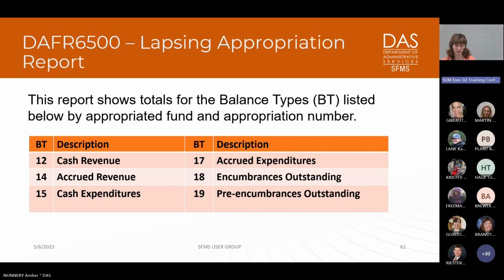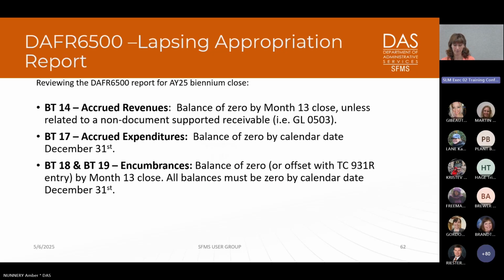DAFR 6500, a lapsing appropriation report. This DAFR will show you the balances for different types of BTs. Let's check them out. BT 14, accrued revenue, balances of zero by month 13 close, unless related to a non-document-supported receivable.